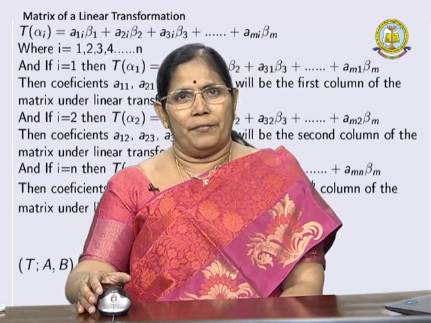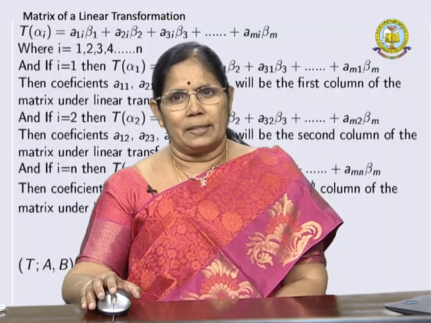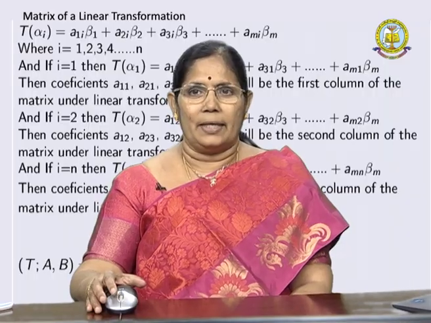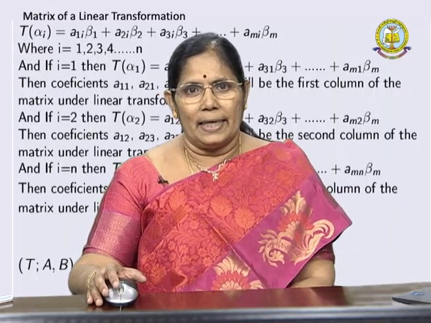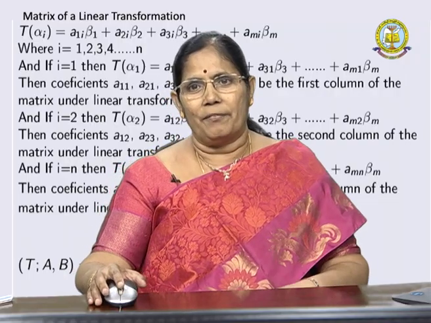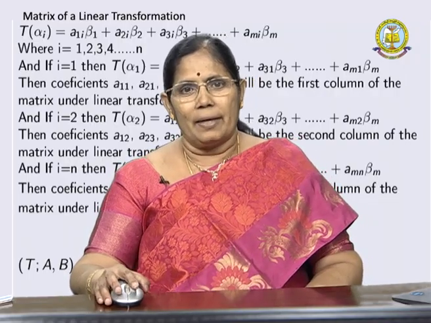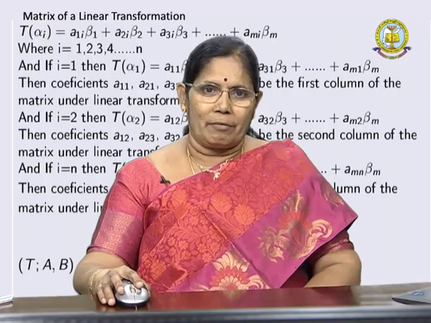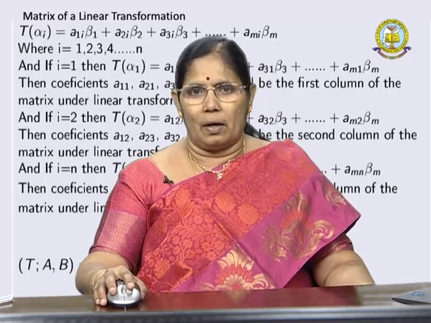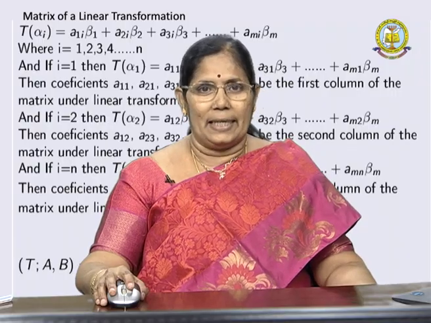Suppose U and V are any two vector spaces over the same field F, and T1, T2 are two linear transformations from U into V. How do you define T1 plus T2? T1 plus T2 at alpha is equal to T1 alpha plus T2 alpha for every alpha belonging to U, which is a linear transformation.